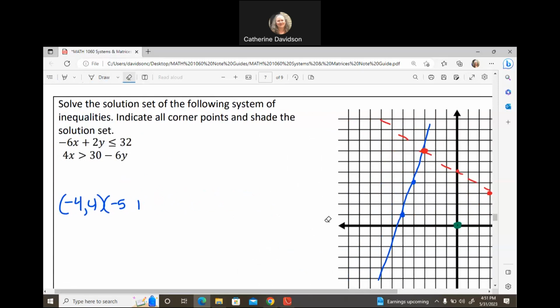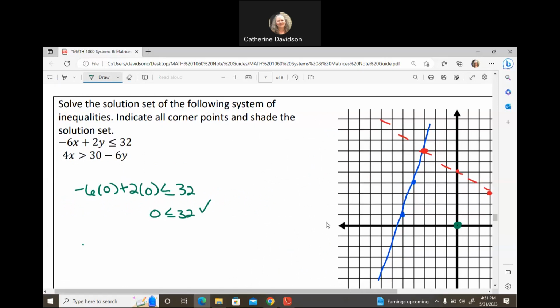Scratch work. Is that less than or equal to 32? All right, so it's good for the first one, but it also has to make the second one true.